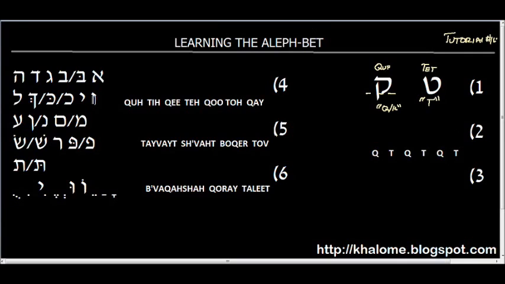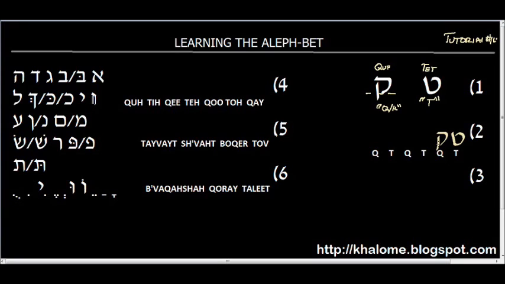For the block script and the handwriting script, they're pretty easy to identify. The Tet, in this case, you're seeing it coming around like this, and then the Kuf would be like you're drawing a resh, and then a vertical line.